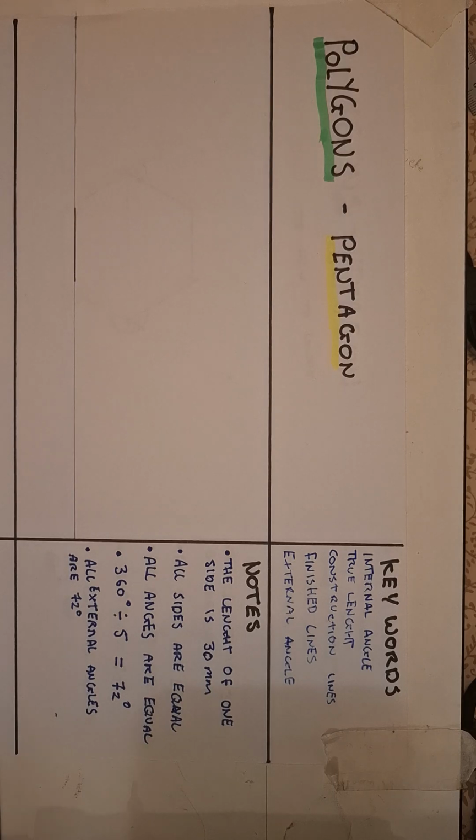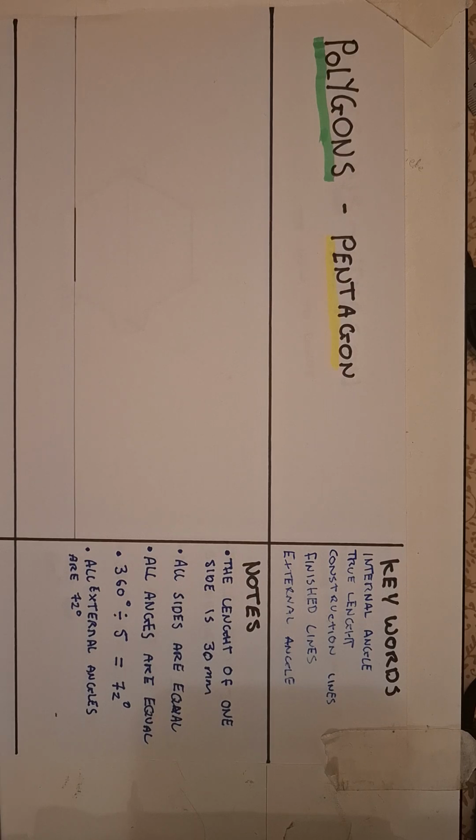And when you're fully constructed, all sides must be 30 mil. And once you see and show that they are 30 mil, that means you're right. So all sides are equal once again, and all angles are equal.